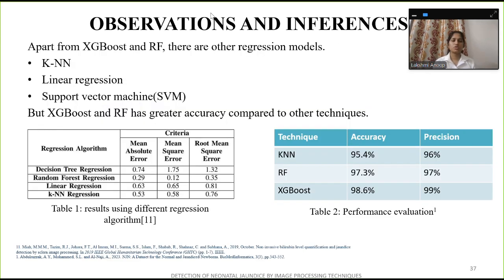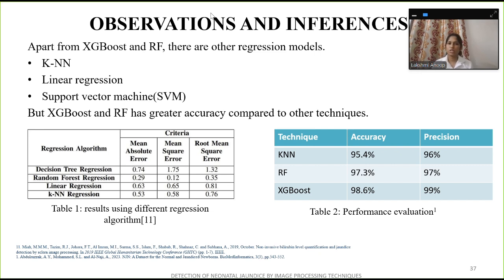Apart from the XGBoost and RF algorithms, there are several other regression models which can be used to detect the level of bilirubin from the infant's images. That includes KNN, linear regression, and also support vector machine. But based on the literature survey, we have found that XGBoost and RF have greater accuracy compared to other techniques.